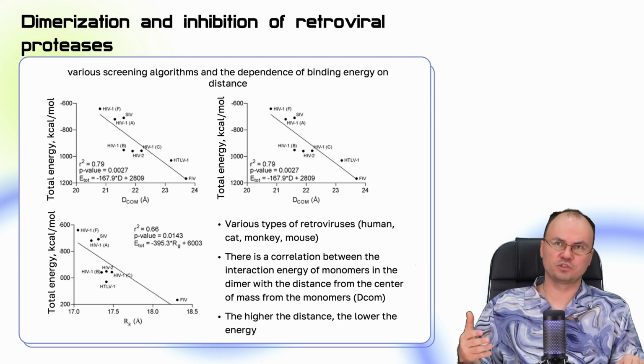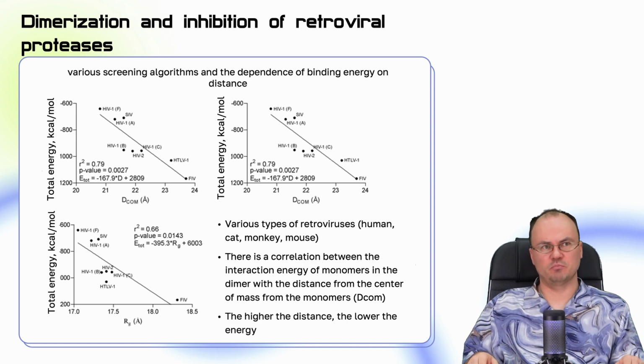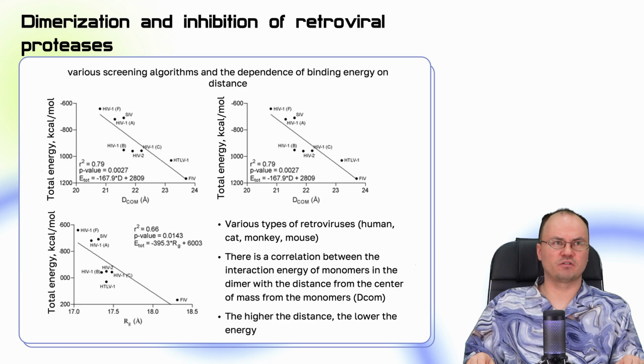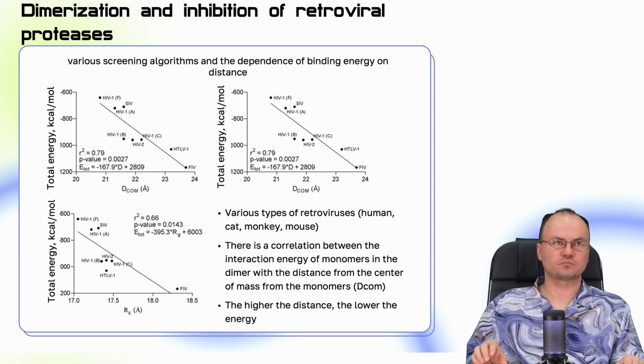And most importantly, if we have a molecule which will bind to this particular binding site, how the affinity would change if we use a different dimerization binding concept.